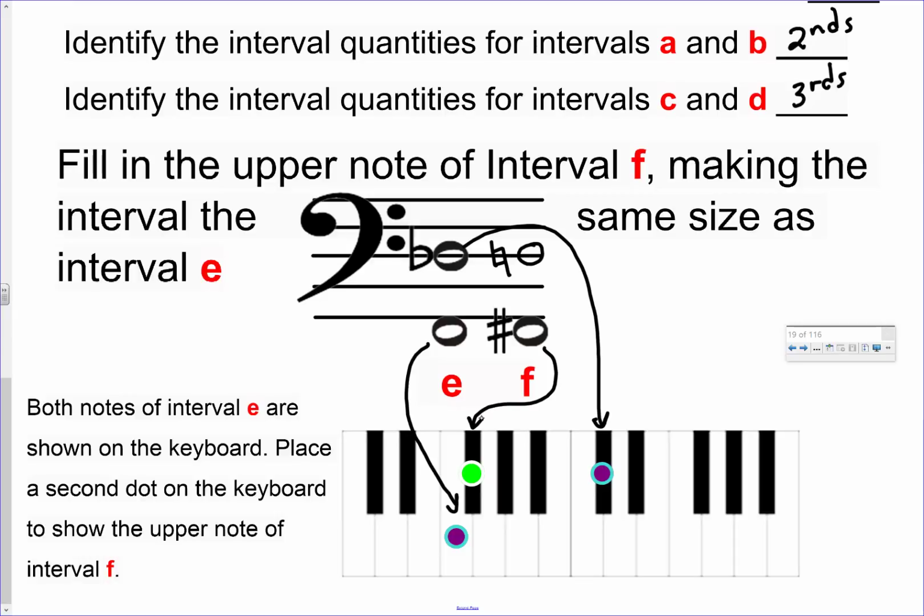We've raised it up 1 chromatic semitone. And now the answer that we came up with, the D natural, would then be here as the green dot for the upper note of interval F, a D natural. So these two intervals are the quantity of sixths, and they also have the same quality because both of them have moved up together 1 chromatic semitone. So hopefully this is making some sense. Let's go on.